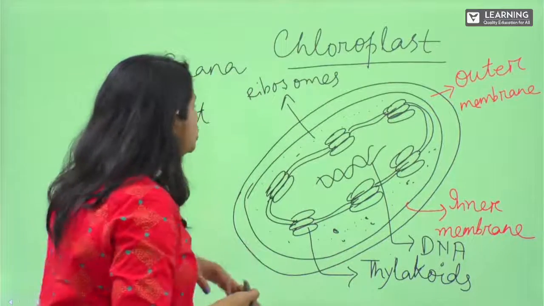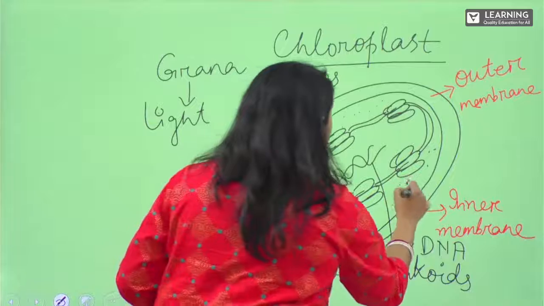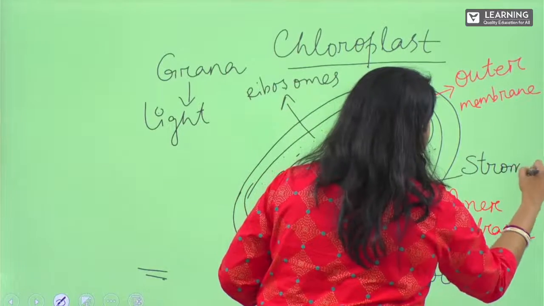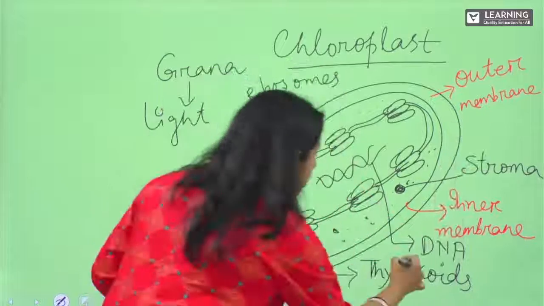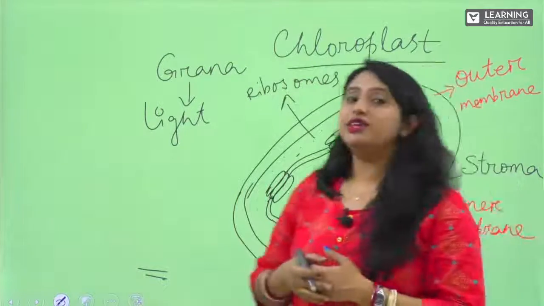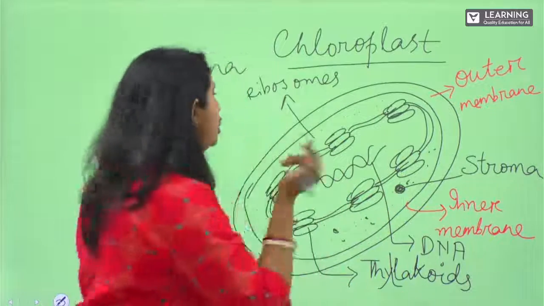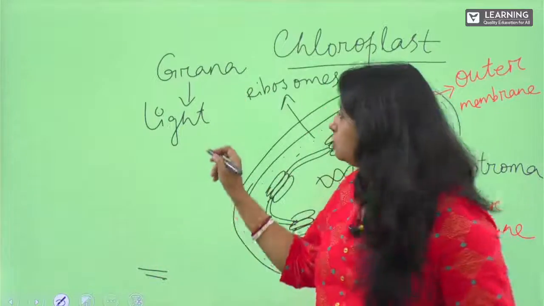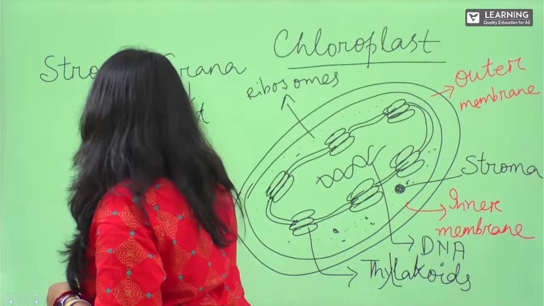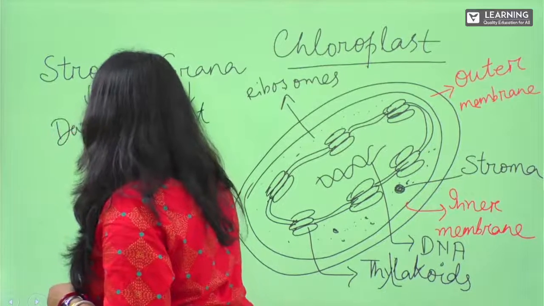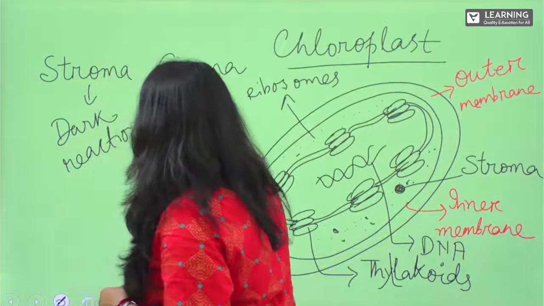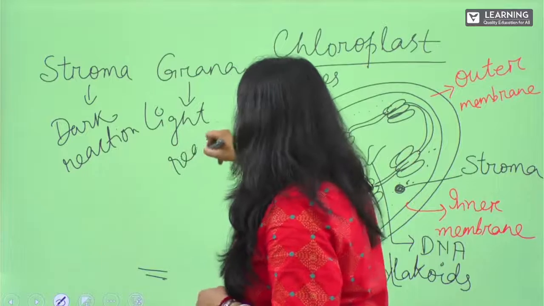Now again they have got stroma. What is the function of stroma? This stroma is responsible for dark reaction. I'm writing here, this stroma is responsible for dark reaction, and grana is responsible for light reaction.